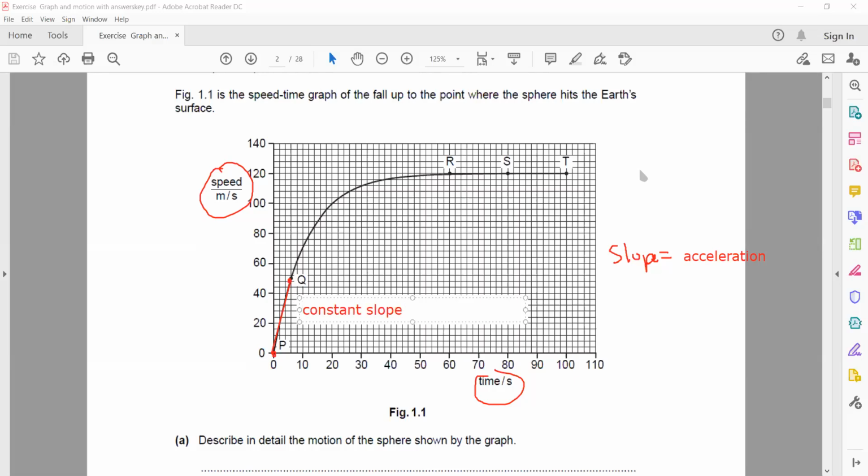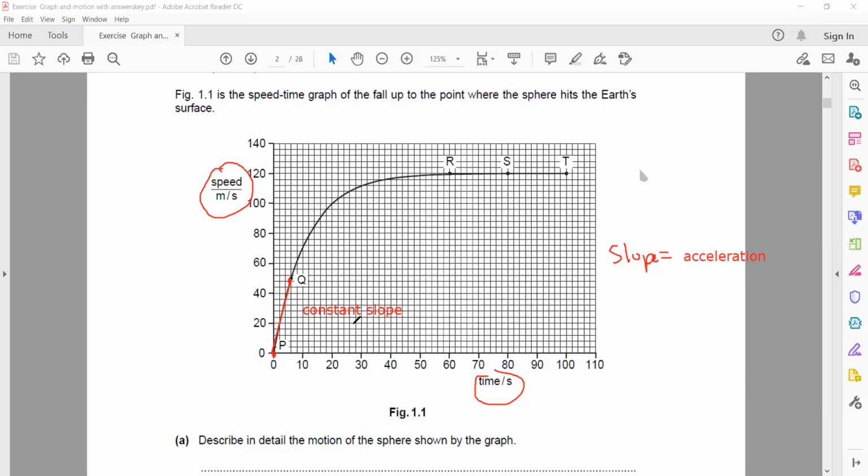So if it's a constant slope, how do you explain this motion? You'll mention from P to Q, it's a constant slope or constant acceleration. First I'll explain and then I will tell how to write the answer.